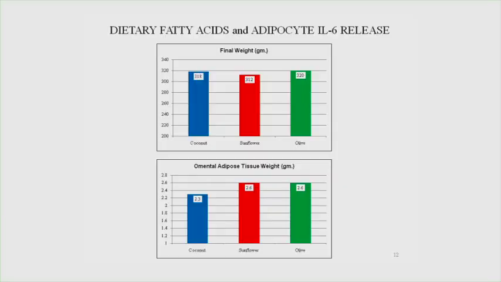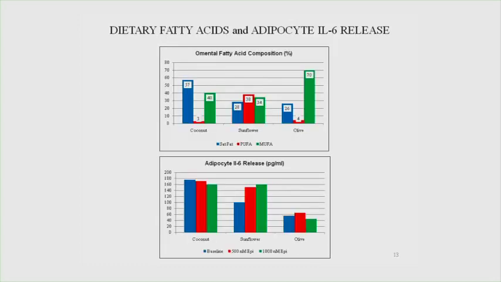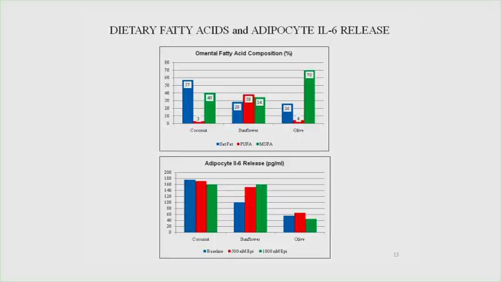They have the same amount of visceral fat, but the fat is different depending on whether they are getting saturated fats, polyunsaturated, or olive oil. And if you look at the fatty acid composition of the visceral fat, the omental fat, it reflects the dietary mixture of fatty acids.